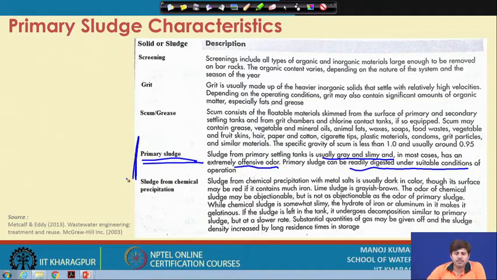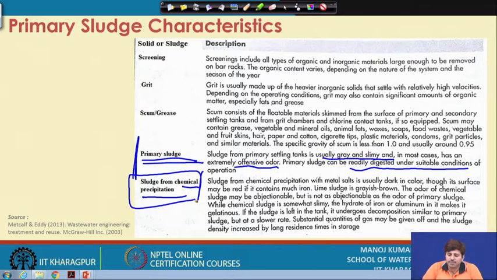All these things will eventually govern the characteristics over there. There could be sludge coming from chemical precipitation approaches. Though not so used in the traditional municipal wastewater system, in many industrial systems it is used. If you have various dissolved heavy metals, one can go for chemical precipitation of those heavy metals by adding lime and adjusting pH. So, there would be lime sludge produced, because this chemical precipitation is mostly done by changing alkalinity.